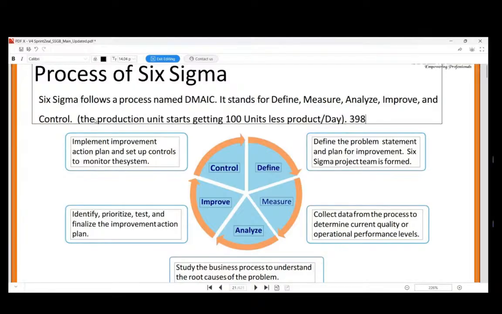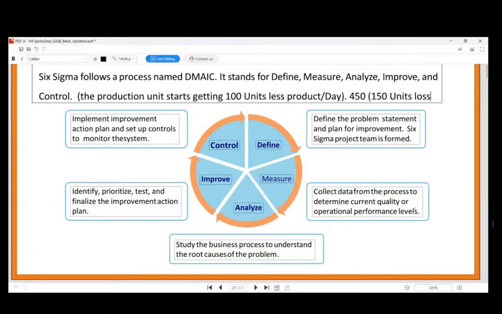So when I got the data from the reporting team, that from when the unit is facing 100 units less production every day, I got the data for 1 month where I see 100 units less production is done just for today. Earlier, it was either 96 or sometime it is 150.